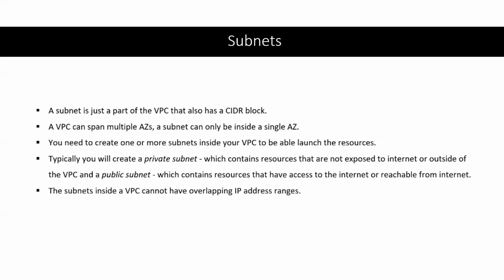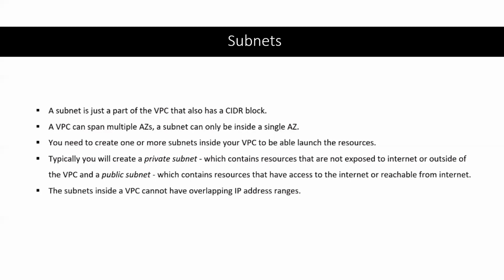One important point to note is that your public and private subnets should not have overlapping IP address ranges. The range which you define for one should not be in the other.